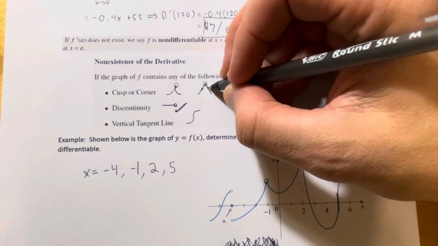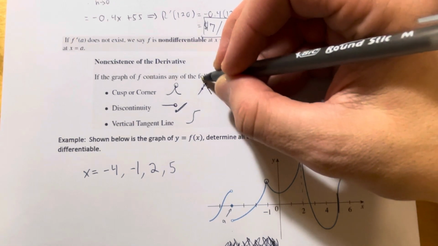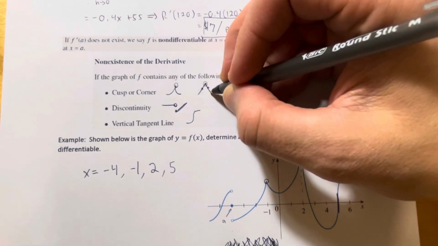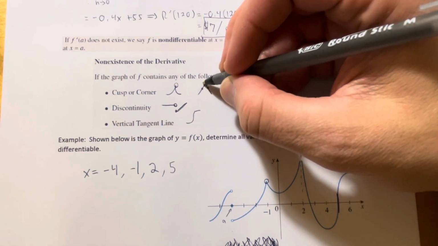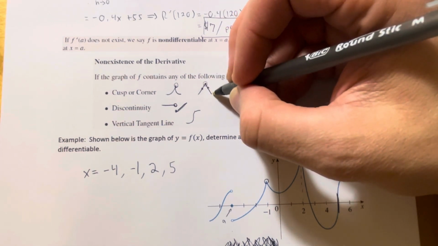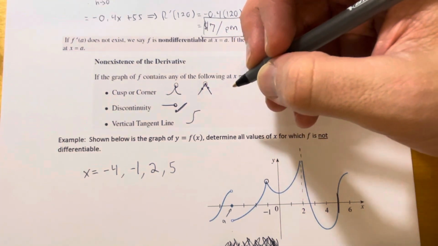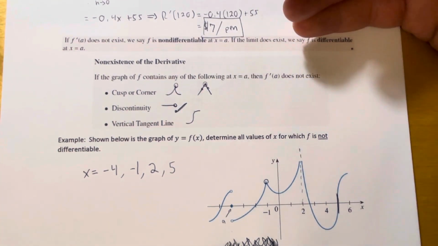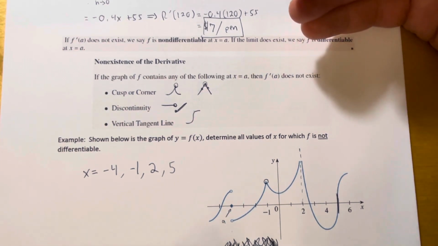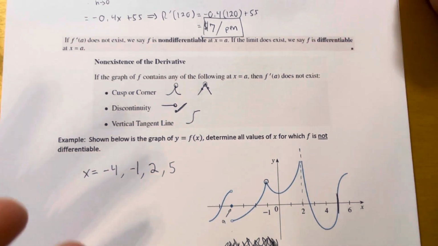Whereas if I approach from the right, these 2 points will connect into a secant line that has a negative slope. So my left-sided limit is going to give me a positive number, whereas my right-sided limit is going to give me a negative number. Those two one-sided limits are going to disagree with each other. That tells me that the two-sided limit does not exist, so the derivative doesn't exist.